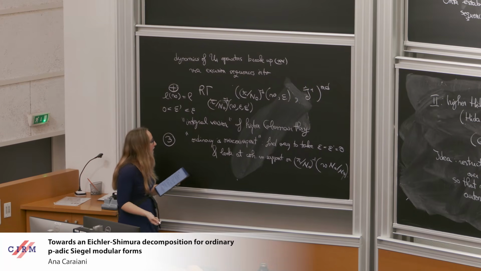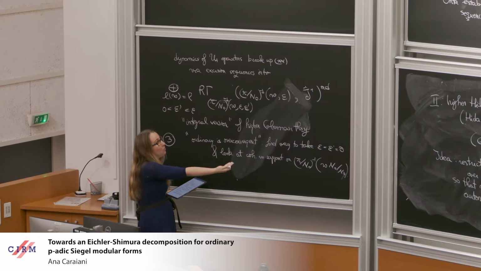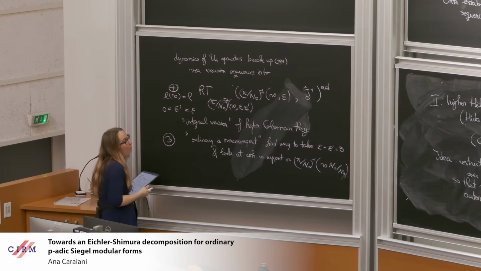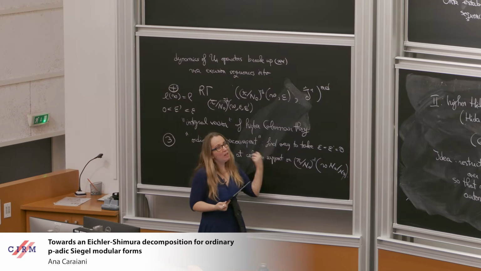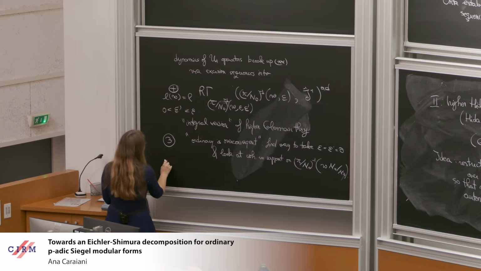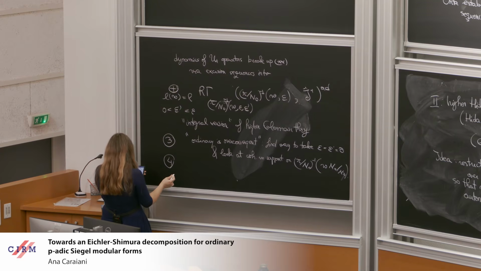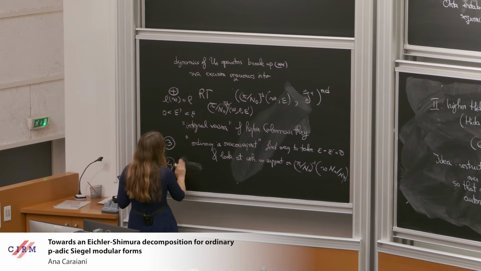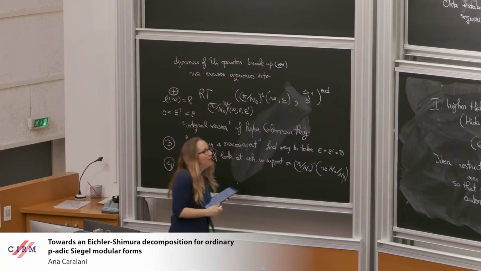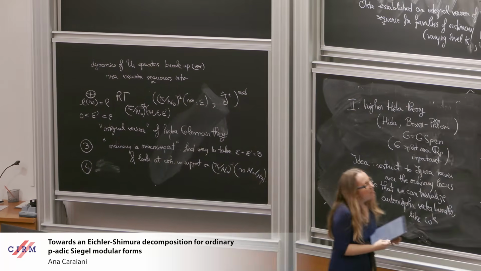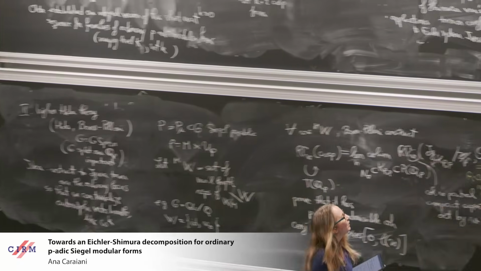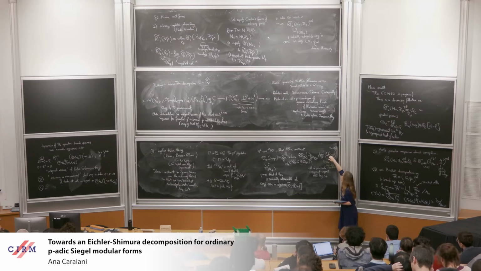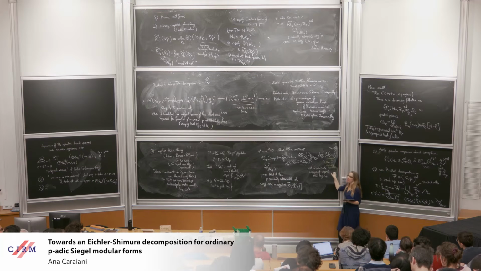All right, and then once you manage to do this and you're on the Igusa tower, you have a nice integral model for it, and you do some integral p-adic Hodge theory on it. So you do some computation, or first, I guess, okay, you kind of reduce to something like this, except that instead of just the structure sheaf, or the ideal sheaf of the boundary, you have some sheaf of nearby cycles.